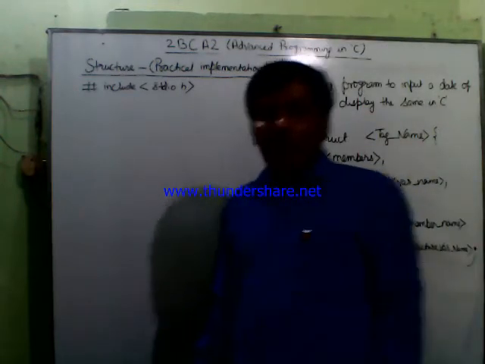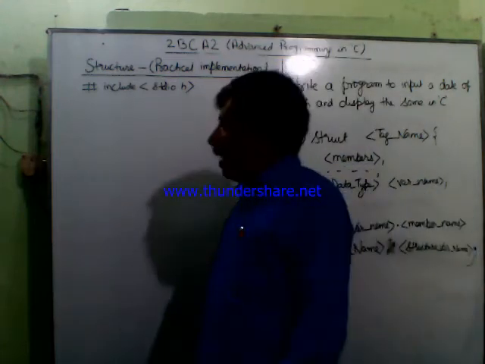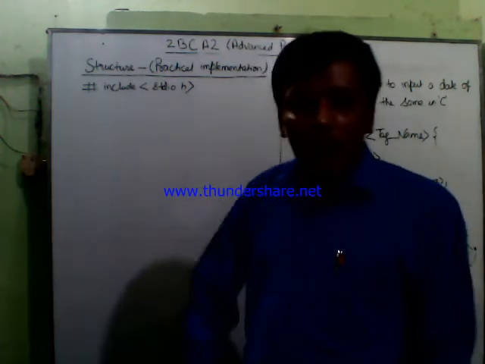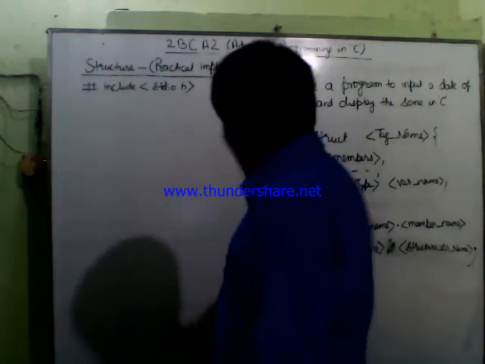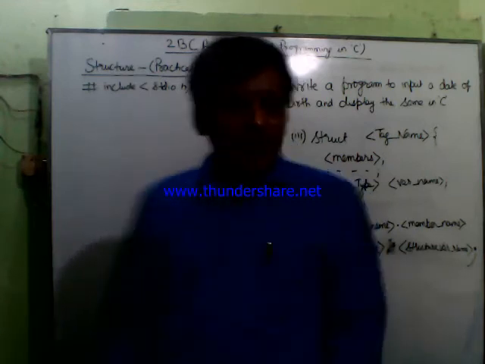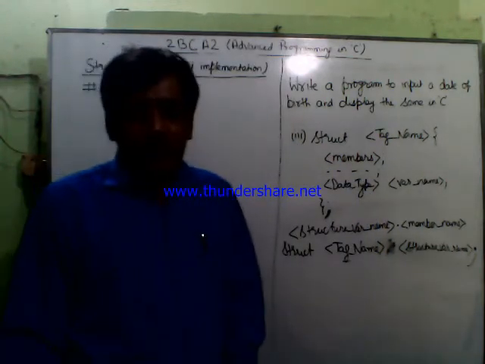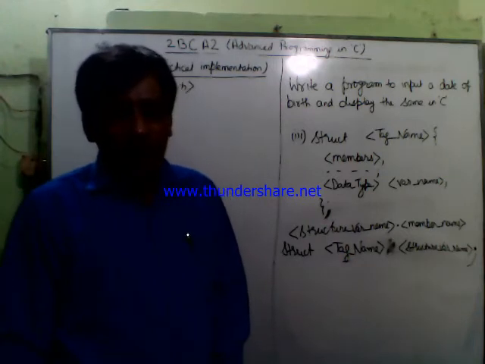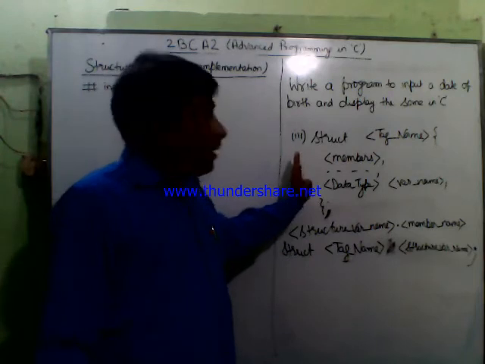Hence, we have to declare a data type by the name date. And for this, we have to use a structure in the program. First of all, you have to declare the structure, and I provided you three different syntaxes to declare the structure in my previous video lecture.